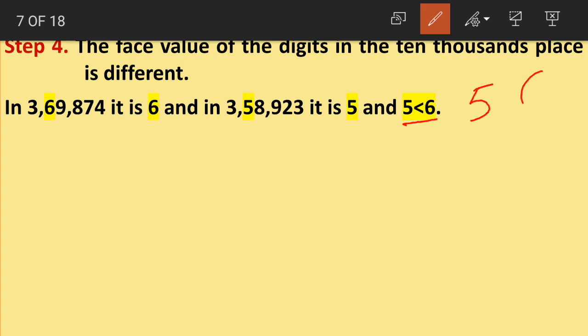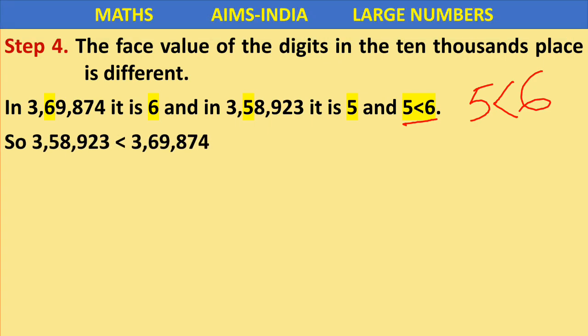See, 6 is the bigger number, so the mouth is open towards 6. So what will the answer be? Which number has 5 in the 10,000s place? This number. So this whole number becomes less than 3,69,874. How did we find out this? We found out this by comparing 5 and 6, which are in the 10,000s place.